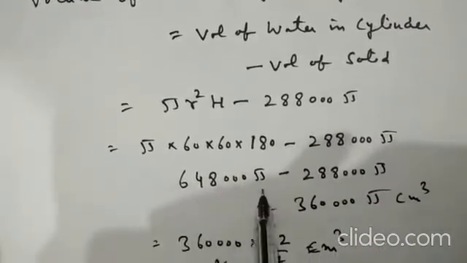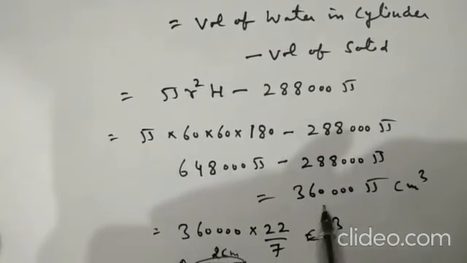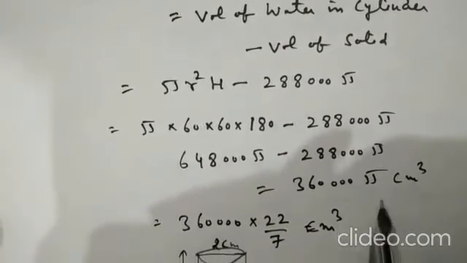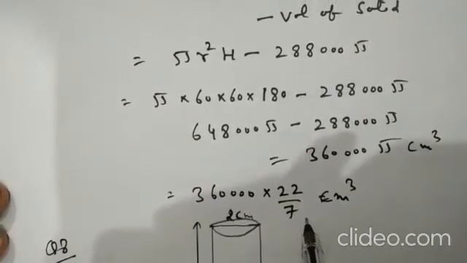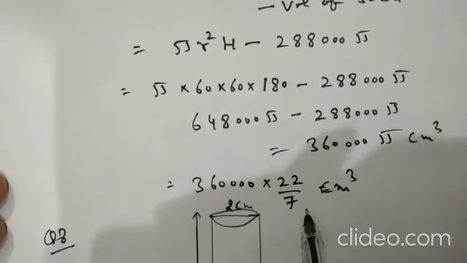Now putting the values, it will be 360,000 pi. At the end we will put the value of pi and simplify it.